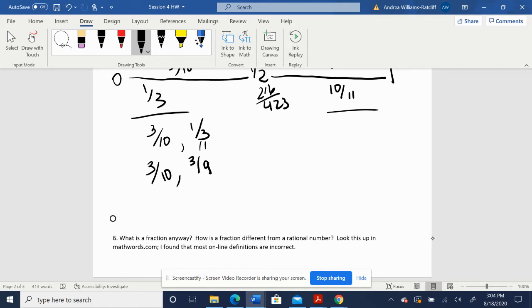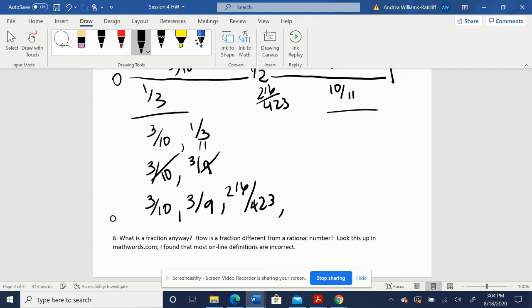The 10ths are going to be smaller pieces because there are more of them, and the 9ths are bigger pieces because there are fewer. So if I have 3 small and 3 big, then my smaller 3 will be worth less, and my larger 3 will be worth more. So far, we have this amount sorted.